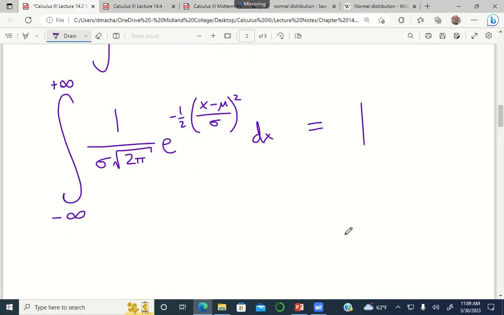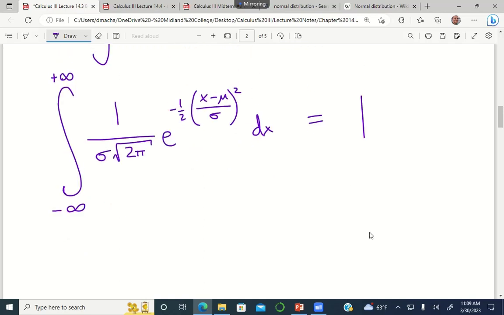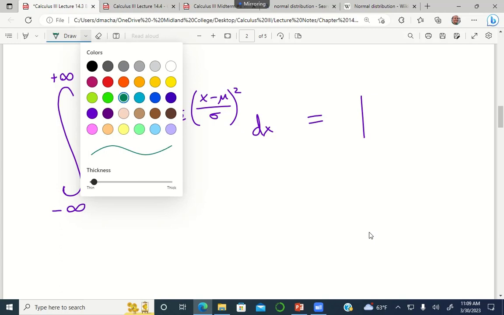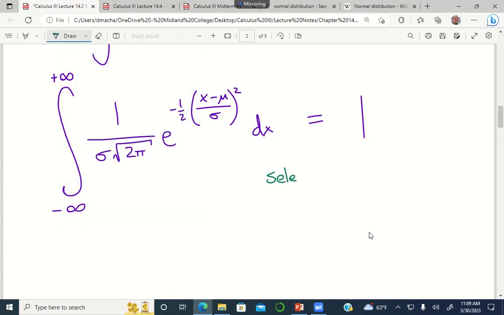All right. So you might notice by staring at this integral that if we select a mean for our distribution, so mu just equals some constant number, and we also select a standard deviation, sigma, which just equals some constant number, then this whole chunk out front is just a constant.